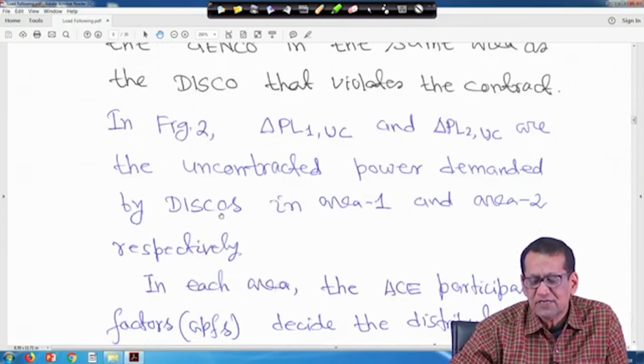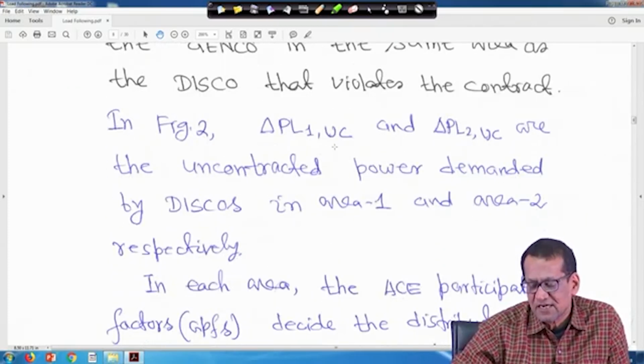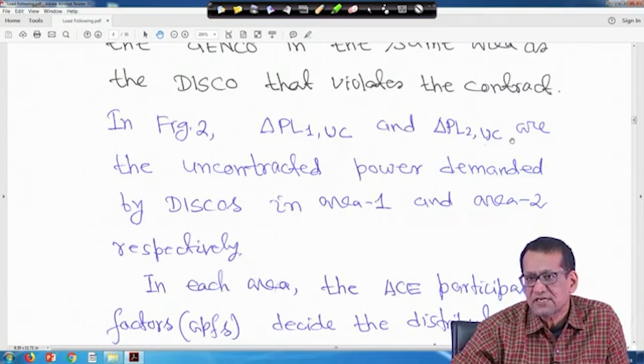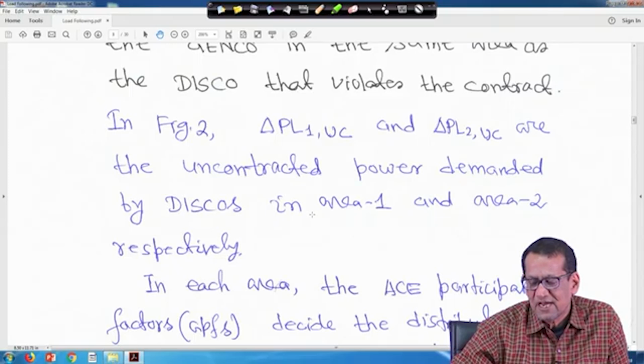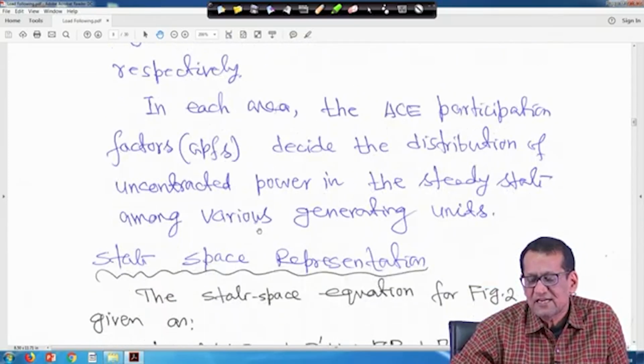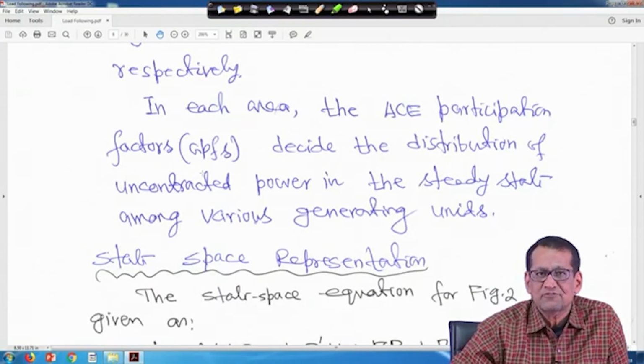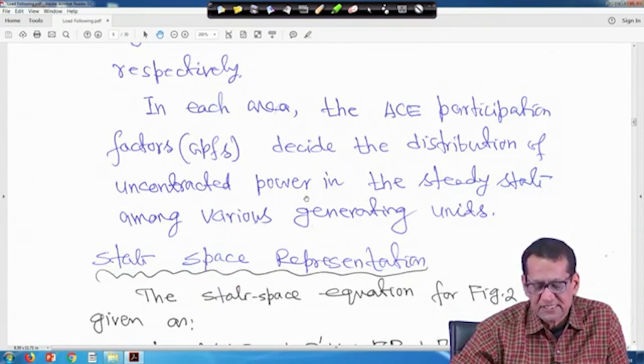So, in figure 2 I told you delta PL1 UC and delta PL2 UC are the uncontracted power demanded by discos in area 1 and area 2 respectively, right. So, in each area the ACE participation factors, also I explained to you, decide the distribution of uncontracted power in the steady state among various generating units, right.